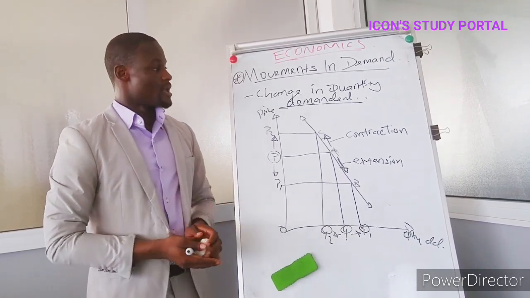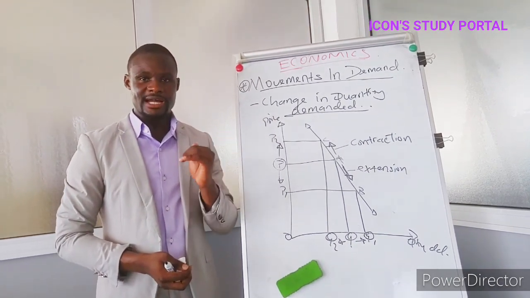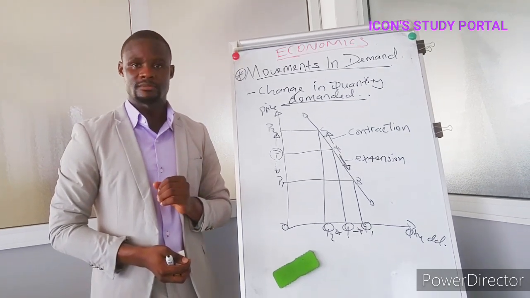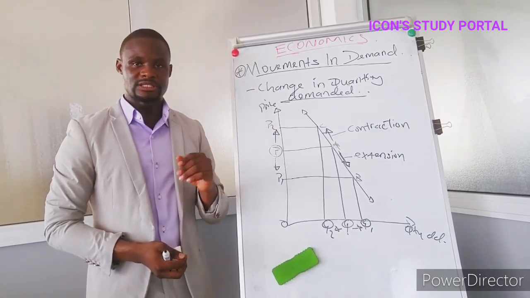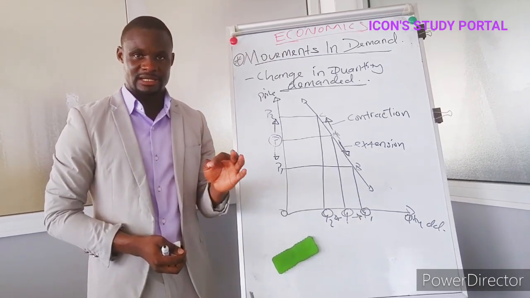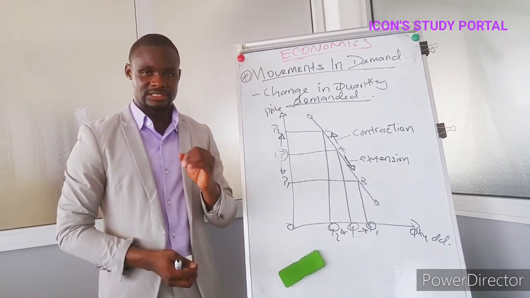I will take it again. A change in quantity demanded is simply the upward or downward movement of the same demand curve, which is caused by changes in price. The upward movement of the demand curve is known as a contraction in demand, while the downward movement is known as an extension in demand.